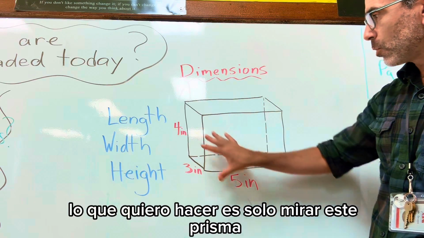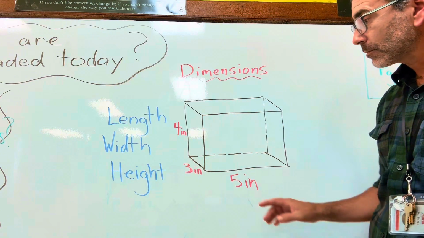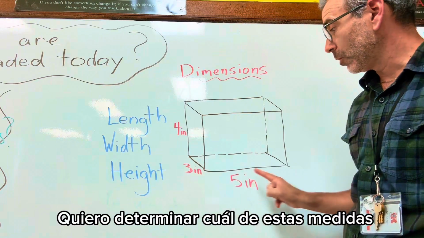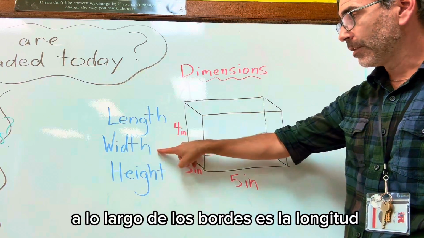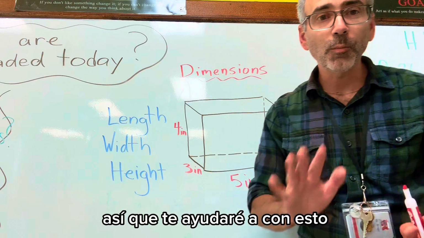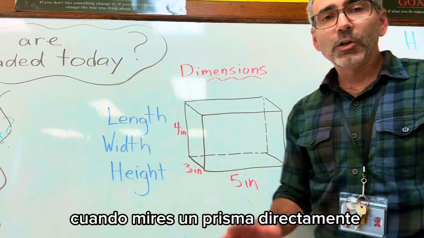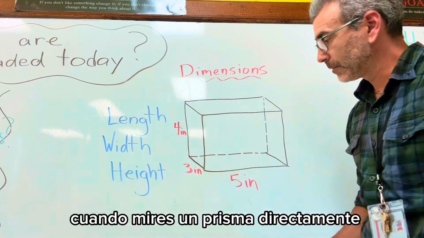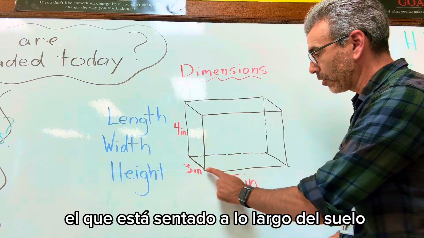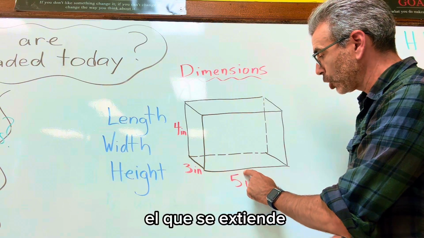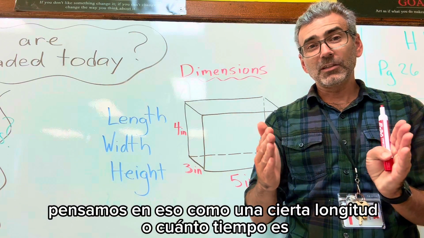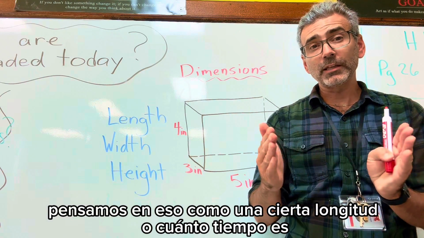And so what I want to do is just look at this prism and I want to determine which one of these measurements along the edges are the length, the width, and the height. Okay, so I'm going to help you with this. When you're looking at a prism straight on, if you look at the bottom of the prism, the one that's sitting along the ground, the one that stretches across, we think of that as a certain length or how long it is.